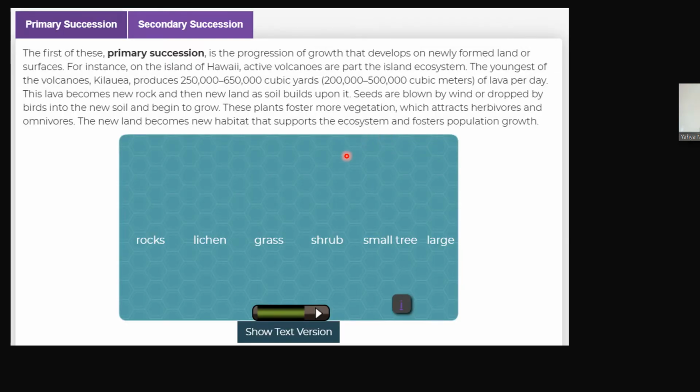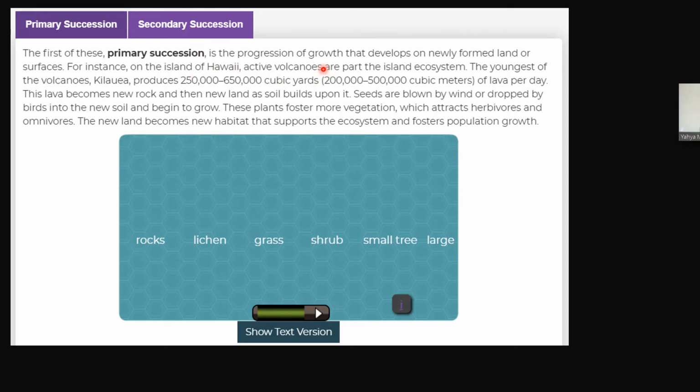So let's suppose there's an area that is just new, like a new piece of land. For instance, on the island of Hawaii, and many different islands in the ocean, throughout the Atlantic and Pacific Ocean, let's suppose a volcano suddenly erupts.